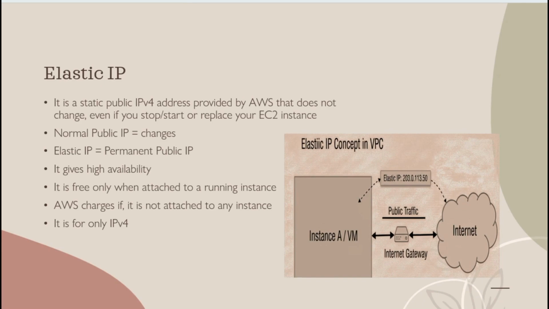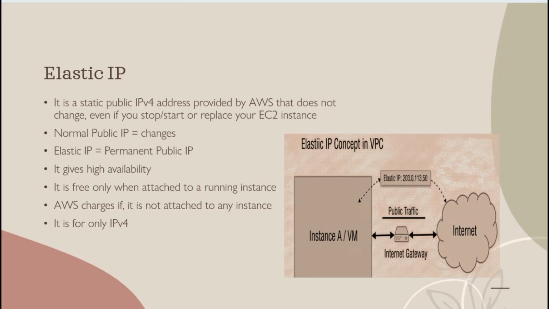Suppose, unfortunately, that instance crashes or any failure happens, then I will simply launch another instance and associate the elastic IP with the newly launched EC2 instance. So now the user will use the same IP to access the instance.